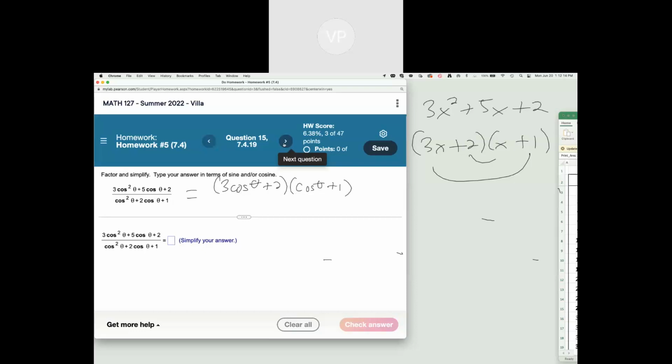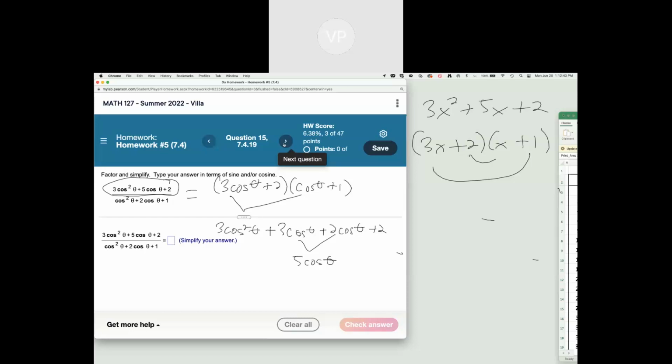Now remember, if you're ever not sure if you factored it correctly, you can always FOIL this out. That times that is 3 cosine squared theta. We get an outer term, we get a 3 cosine theta. Inner term, we get a 2 cosine theta. Last term, we get a 2. Those become a 5 cosine theta, confirming that was what we had.